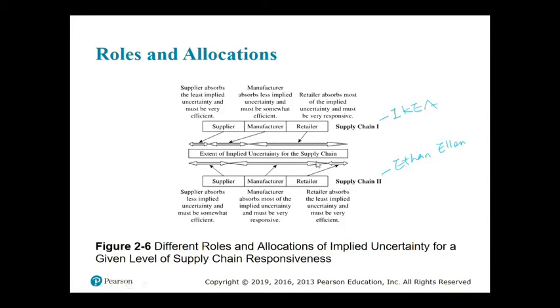So the demand uncertainty is absorbed by the manufacturer, who is able to process a lot of varieties of customer orders. Most likely the manufacturer has a flexible production process, and you can reconfigure the machines to change maybe the fabric, the color, and so on and so forth, so that the uncertainty is absorbed here, whereas the supplier and retailer are likely to be more efficient and responsive.